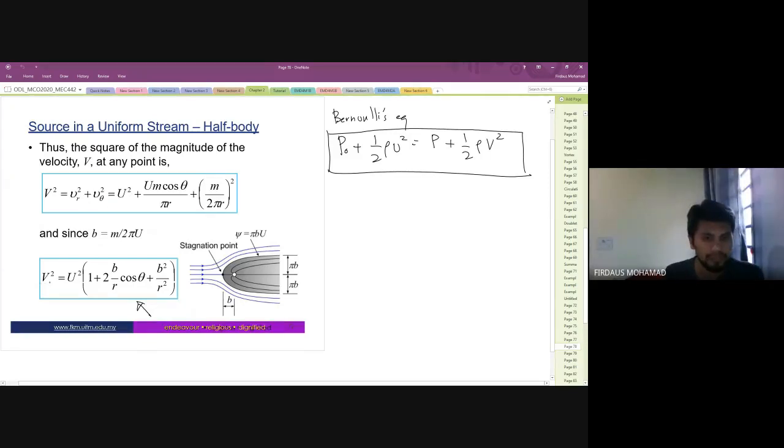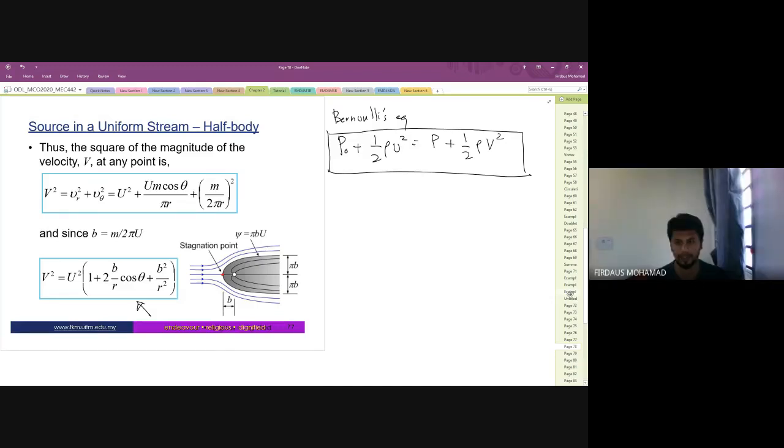So V square is the magnitude of velocity at any point. So we can determine the magnitude of velocity at any point for the half body, but it is only valid for half body. So U square is the uniform velocity. B is the distance from the source, from the origin to the stagnation point, and then R is the radius for your point. So this is how we use the velocity equation for half body.